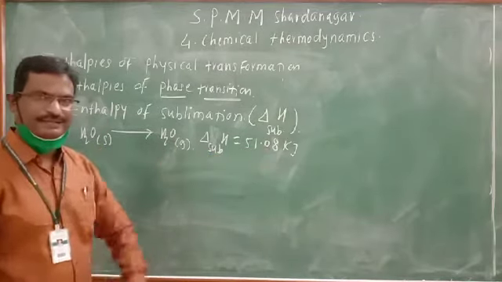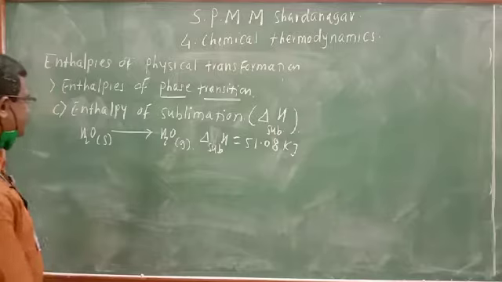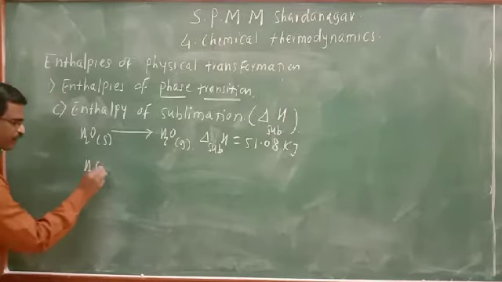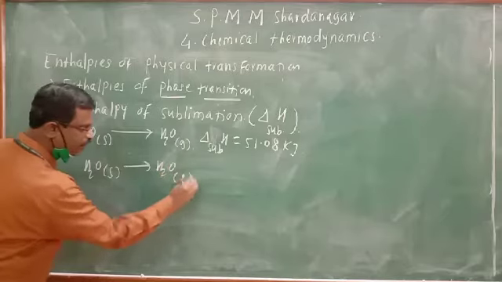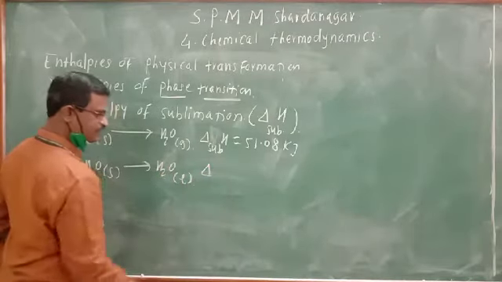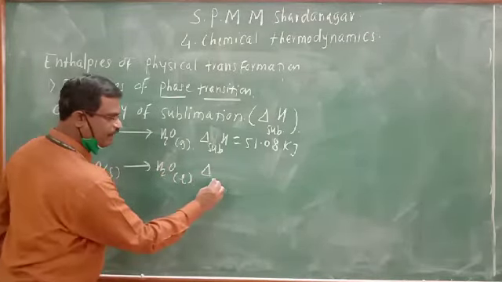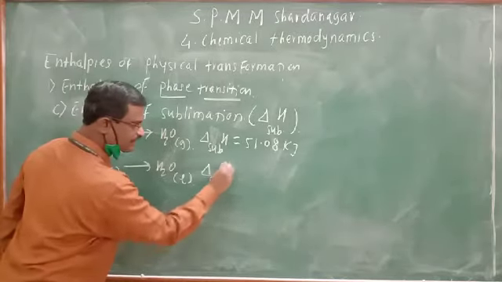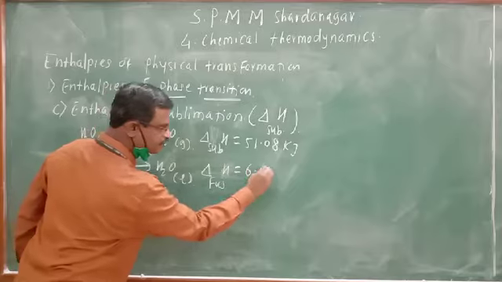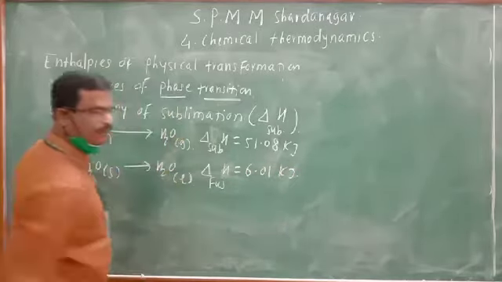Now see how it happens at 0 degree Celsius. First of all, H2O solid is converted to H2O liquid. We have studied this is known as enthalpy of fusion, and this enthalpy of fusion is 6.01 kilojoule per mole.